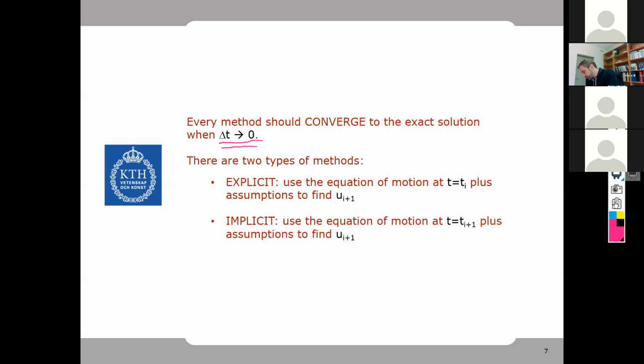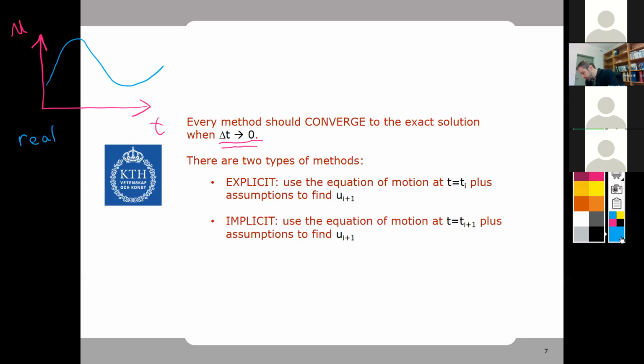Let's say I'm going to draw the same graph that I've drawn 50 times today already. We have the response with time, and we have the real curve that can look any way. That is the exact solution. And we have calculated the response at some interval. Let's say that we are currently here.